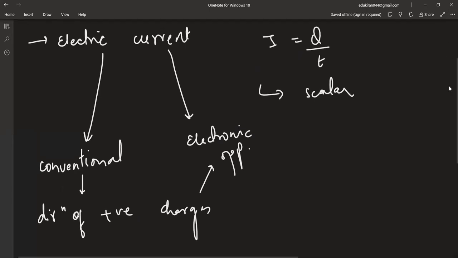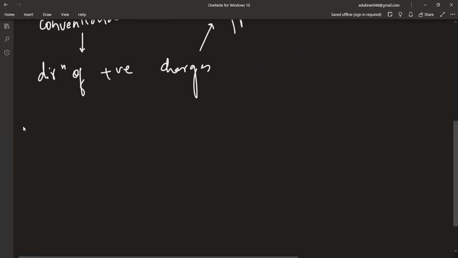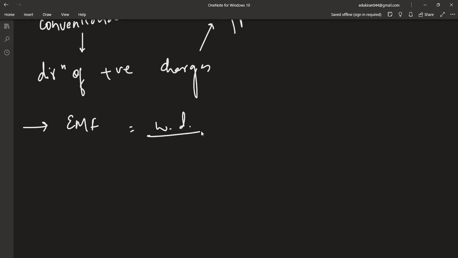Other thing in current electricity, which is a good and important quantity to be remembered, is EMF, electromotive force. EMF of a source is defined as the work done by a source in taking a unit positive charge from its lower potential value to its higher potential value.